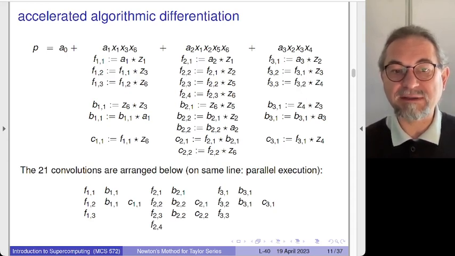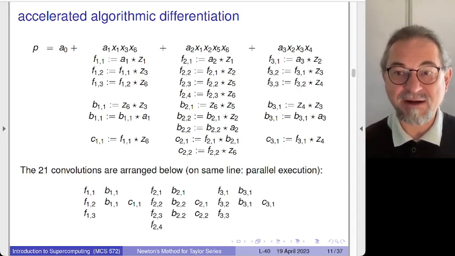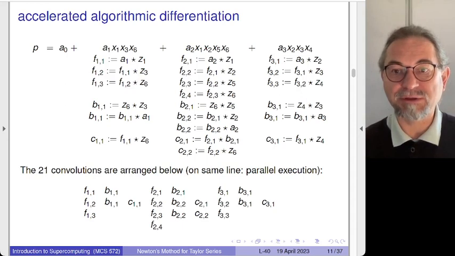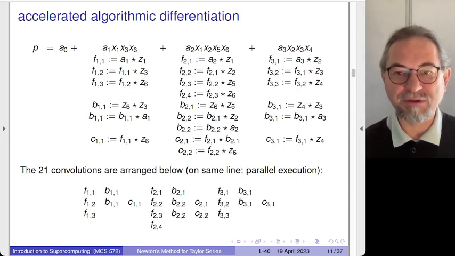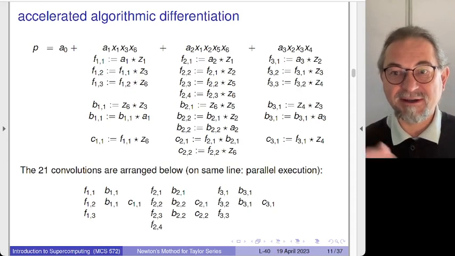So you see now that these convolutions can be organized in a way such that the monomial with the largest number of variables is going to determine the bottleneck. So in some sense, the arrangement of the monomials for this example here is a little bit similar to the task graph that we have seen.